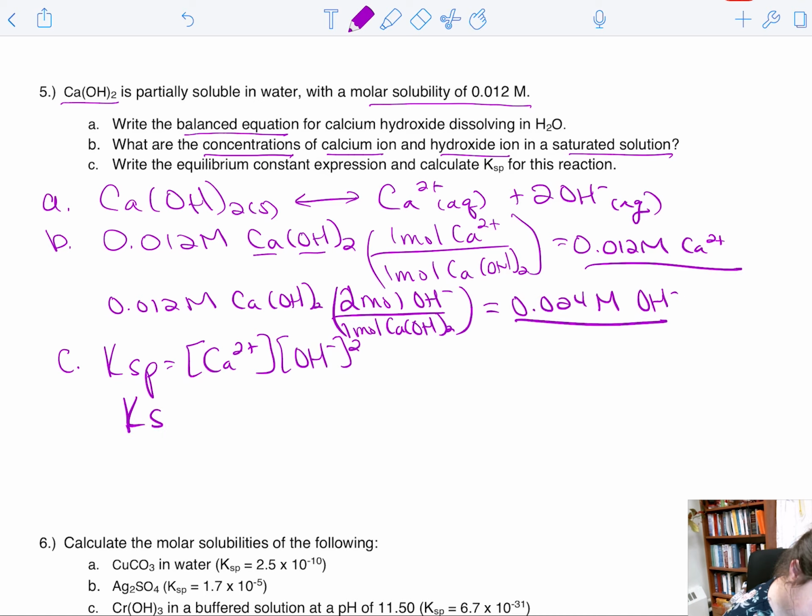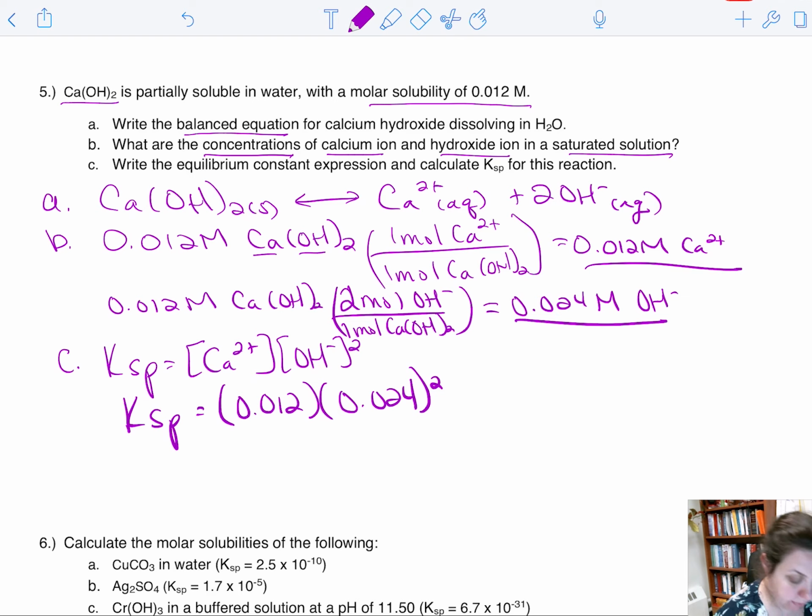So KSP is equal to 0.012 and then 0.024 squared. And then when we solve for that, we get a value of 6.91 times 10 to the negative 6.